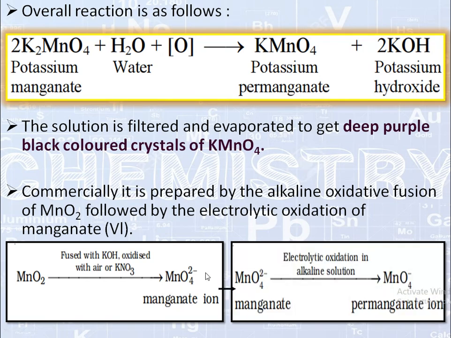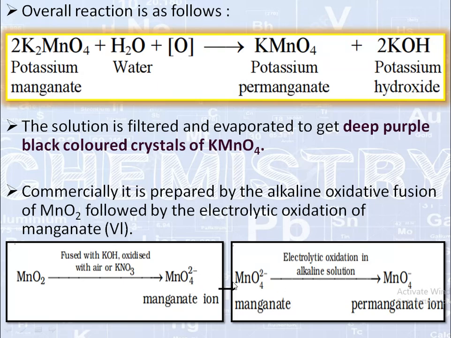Then in the second step, this manganate ion is converted into permanganate ion using electrolytic oxidation in alkaline solution. These are the final two steps. First, pyrolusite ore is converted into manganate ion. This is the first step of the reaction.